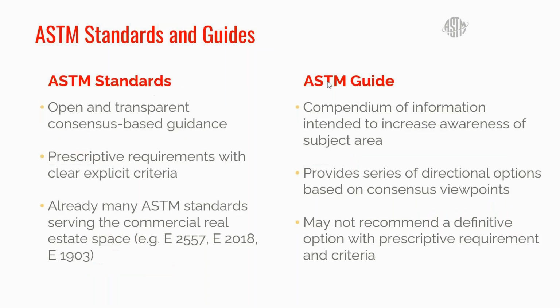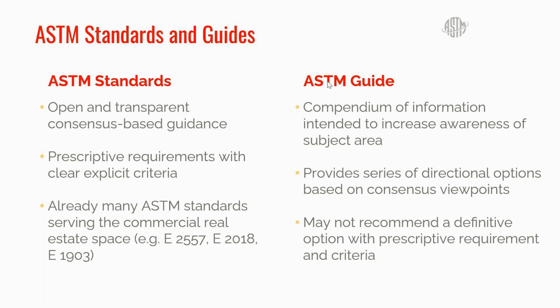There are two types of ASTM documents. Probably the one that is familiar for most is the ASTM standards. These are open and transparent consensus-based guidance with prescriptive requirements and clear criteria for a practice area.